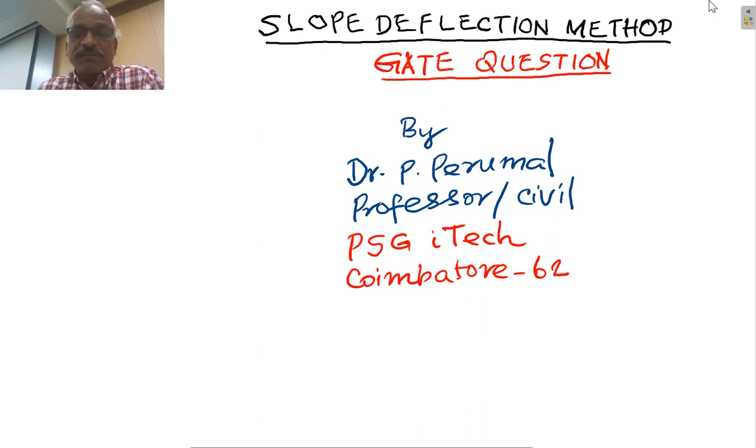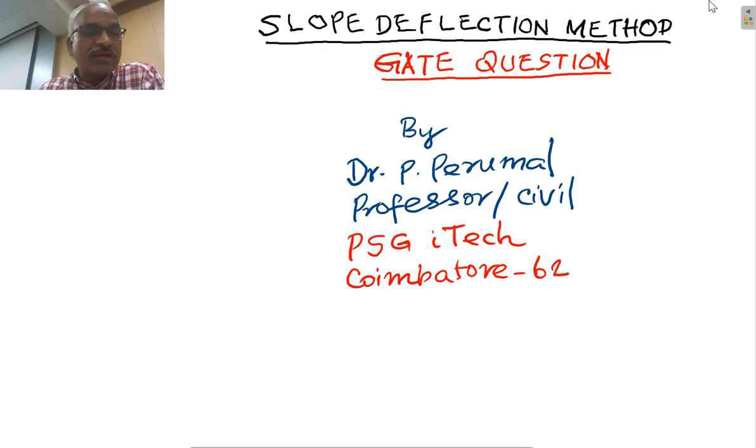Now, in this lecture, we will continue the slope deflection method, and we will take up a GATE question because many viewers have asked me to take classes on GATE and other competitive examination questions. I don't know how far I will be successful, but I will take one problem for the time being in the slope deflection method today.